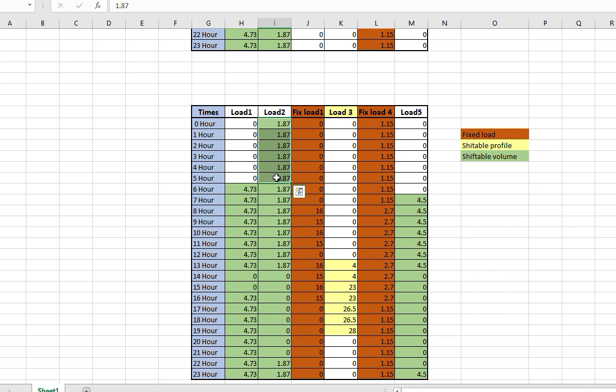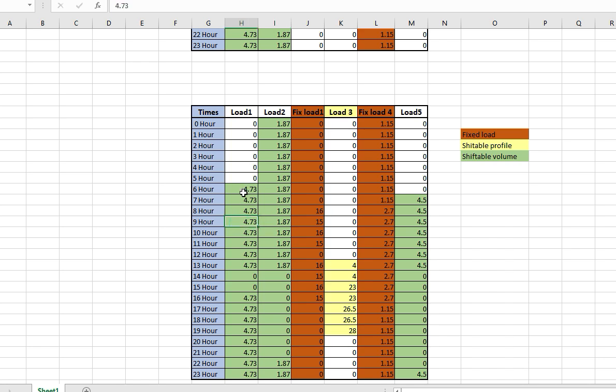Our first priority is, if there is extra renewable energy available, we meet load 1 because it's of largest magnitude. If there is not sufficient renewable energy available, then we check if the extra energy can be used to turn on load 5, which is of small magnitude, 4.5. Even if it cannot turn on this load, we will check if it can turn on the third lowest load, this 1.87. Later on I will match this with the code to show how this is implemented.